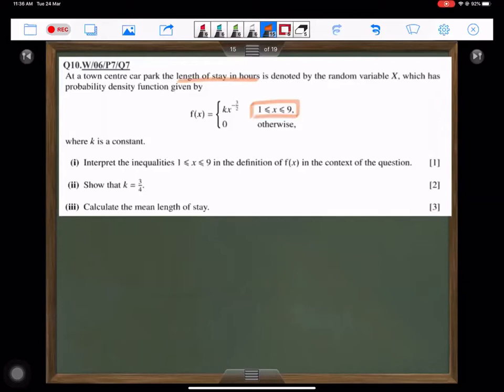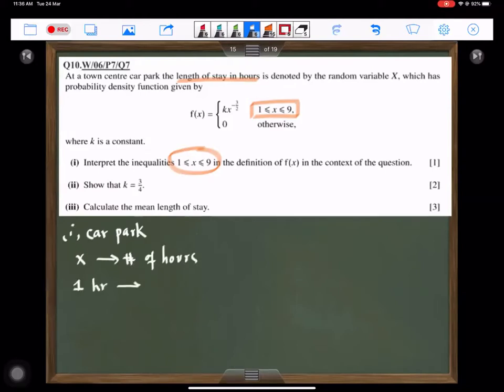First question is about common sense. Interpret the inequality in the definition of f(x) in the context of this question. This is a car park, agreed. Now x is number of hours, and 1 ≤ x ≤ 9 means 1 to 9 hours.